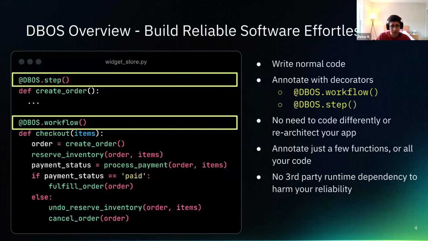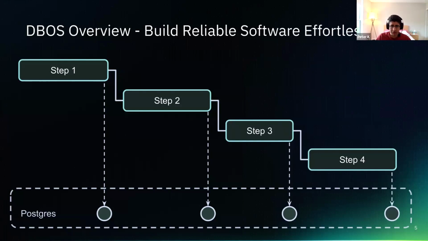Those annotations store the state of your program, the state of your workflows and steps, in a Postgres database. That allows these programs to seamlessly recover from any failures using the state information stored in Postgres. And it also allows, as we'll show, some really powerful real-time observability and workflow management using the Postgres stored state. So what we want to talk about today is Conductor.